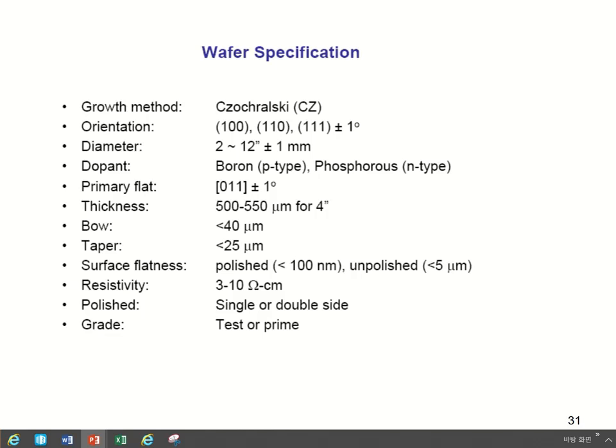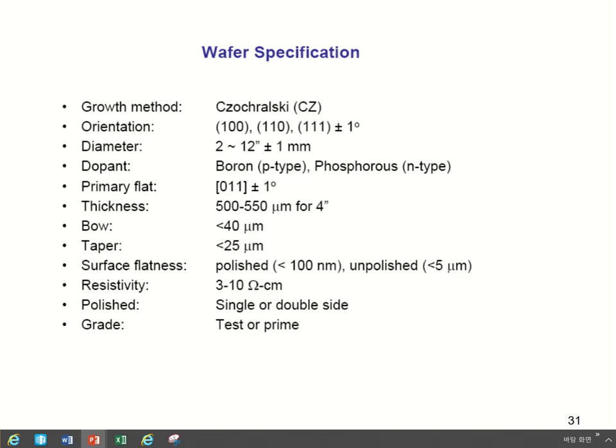In the process, you're going to see this Czochralski method. Depending on the orientation of the crystal structure, you can grow in the 100 direction, or 110, or 111 direction. So you can choose any of the three orientations when you buy a silicon wafer.